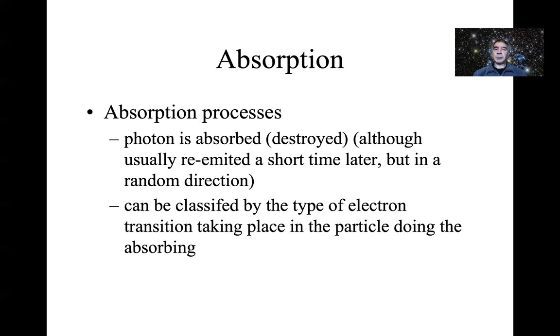And it will normally excite an electron into a higher energy level when you do that. And of course, sometimes later, that same atom might de-excite and the electron will drop back down from that level and emit a new photon. But that new photon would be emitted firstly in a random direction and probably also at a different frequency altogether. So there is no memory of that initial photon at all.